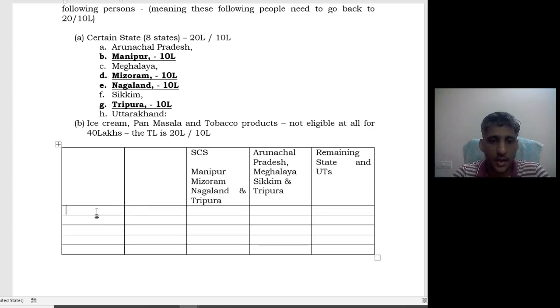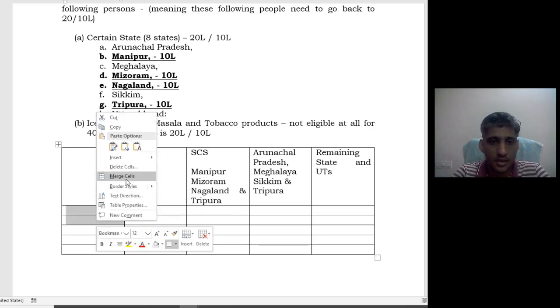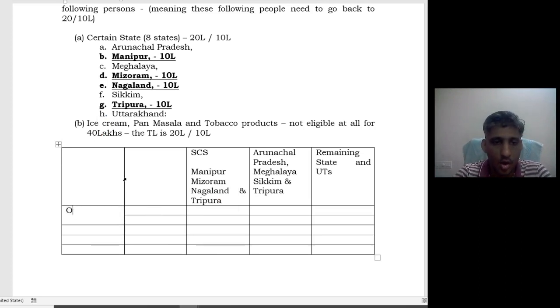Then first scenario, only if I am supplying only services, that is my turnover is only services. What's the turnover limit? For special category states it is 10 lakhs.